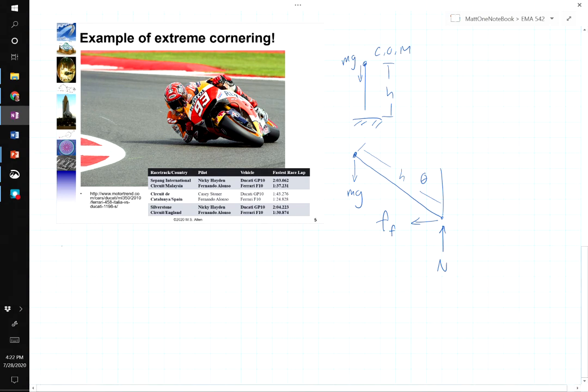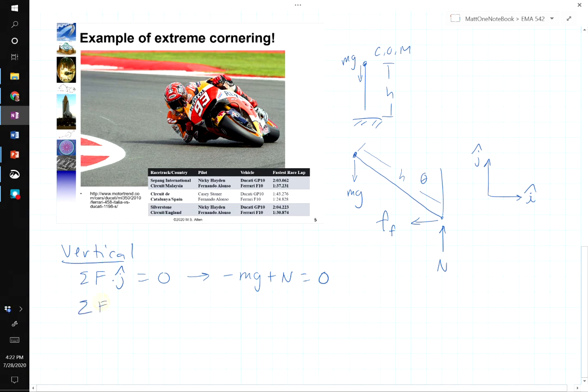So if we look first at the vertical direction, the sum of the forces in the vertical direction, use the usual coordinate system i and j. So the sum of the forces in the vertical direction has to be 0. There's no acceleration in that direction. So this gives us that negative mg plus N is equal to 0, or just that the normal force is equal to mg.